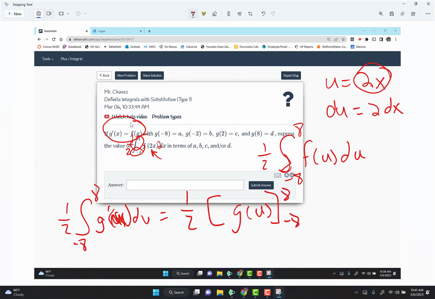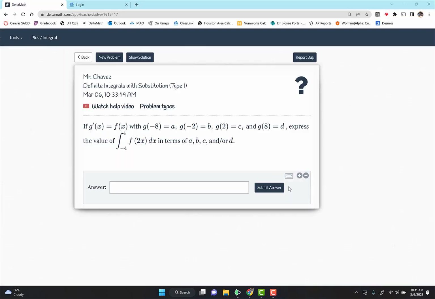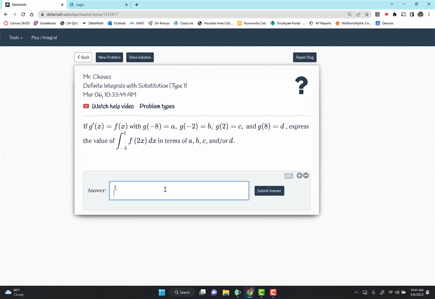Then we just do upper minus lower: 1/2 times g of 8 minus g of -8. What's g of 8? D. And g of -8? A. So it's just going to be 1/2 d minus a. It should be that simple.